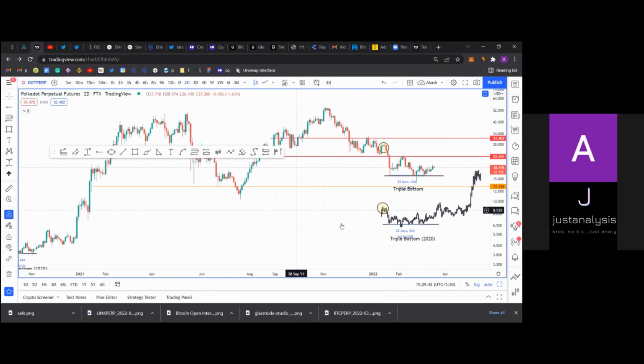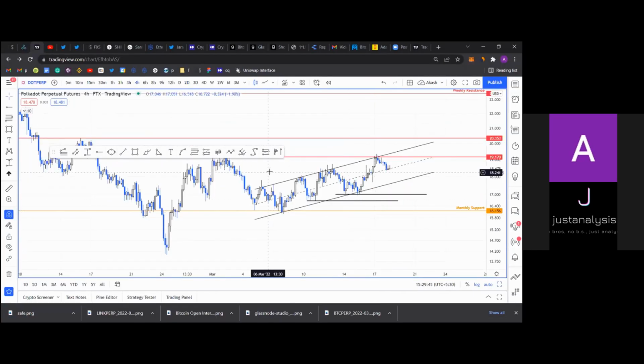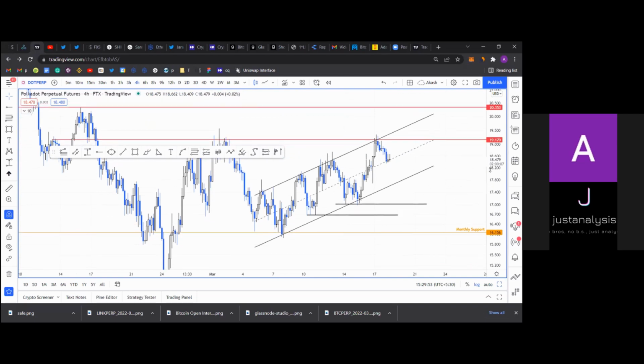As for the short-term perspective, Polkadot has formed a really beautiful ascending parallel channel. I want to short this coin, but I'm looking at another failed attempt to move higher for me to short down to these equal lows found here at roughly $17, and the same equal lows found below that as well at $16.